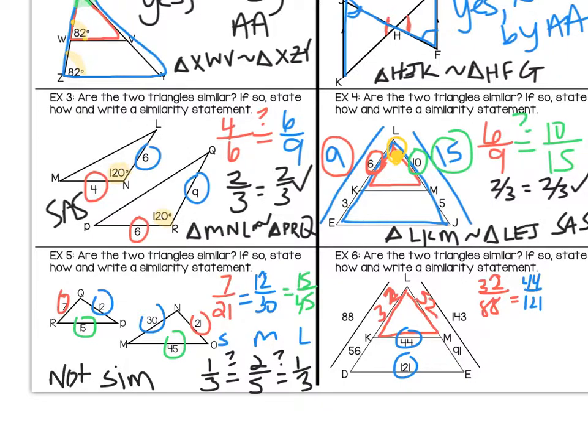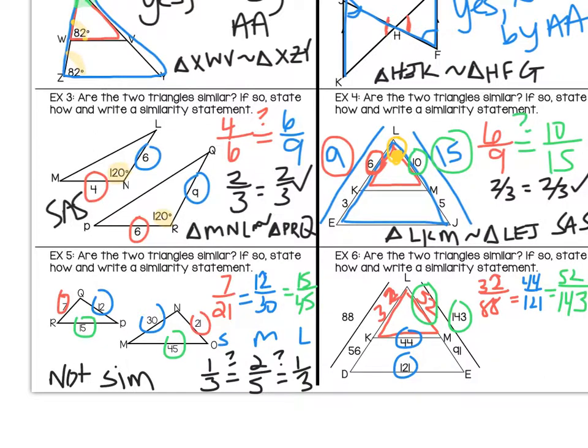And then large, 52 over 143. Okay, so we have some larger fractions in this one. So this would be something you could definitely type in the calculator, that's fine.